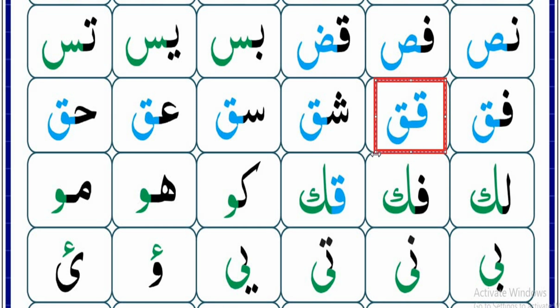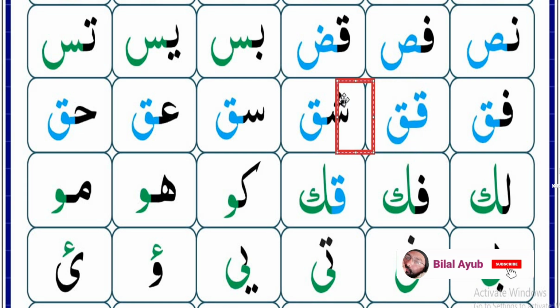The first is half because it is connected to the next letter, and the second is the full shape because it is not connected. It's not about connecting to the letter before, it's about connecting to the letter after. So since the second Qaf has nothing after it, it is the full shape. But the other is the half shape because the first is connected to the next letter.